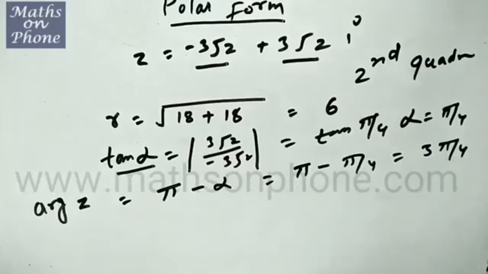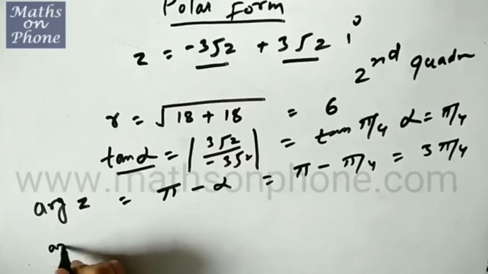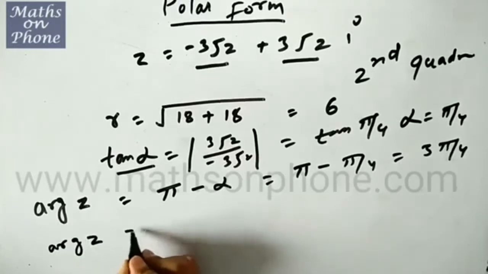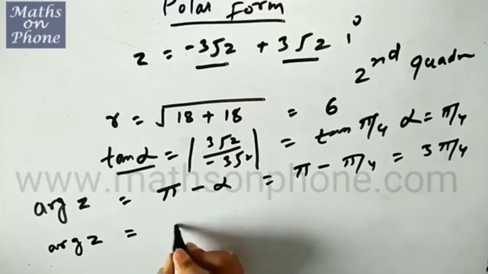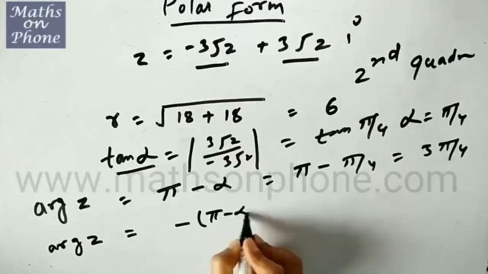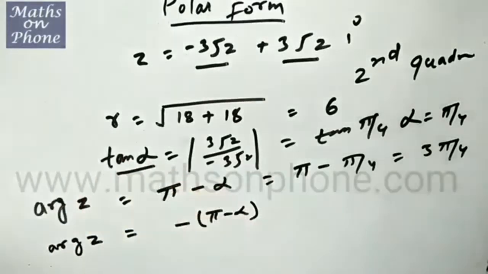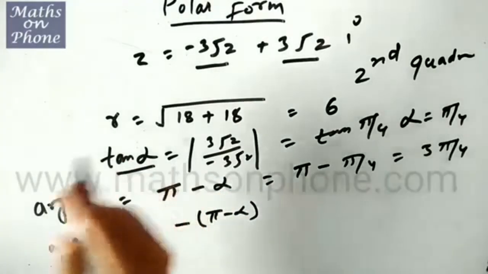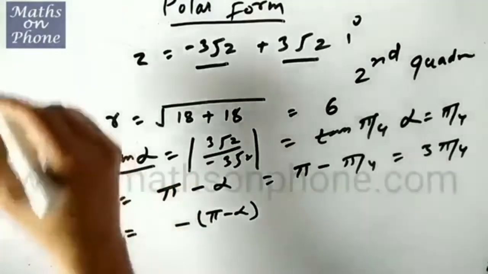Do you know what happens when it is lying in the third quadrant? In the third quadrant, the argument is taken as, you might be remembering, minus of pi minus alpha. Just one example I am taking, lying in the third quadrant. X is negative and Y is negative.